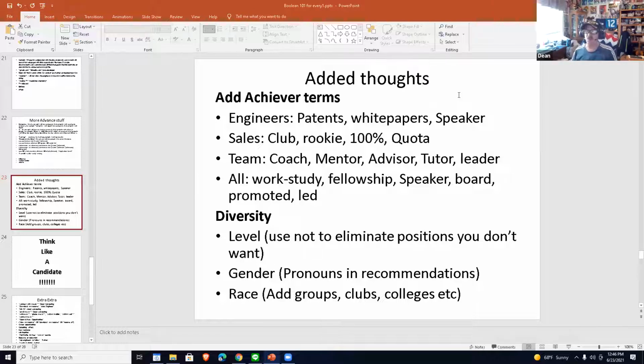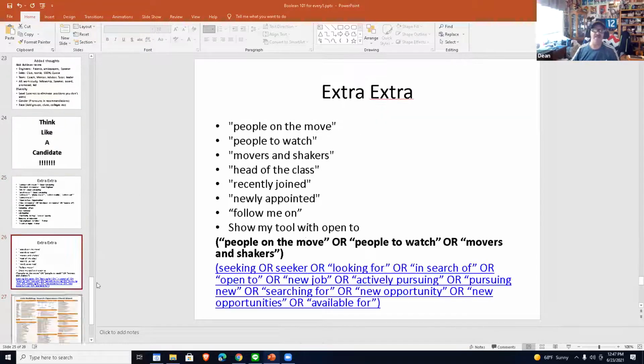Well, okay, what about manage? What about leader? What about coach? What about mentor? What about advisor? What about tutor? You don't know what word they're going to use. All those words are fairly interchangeable. Now, granted, the word tutor or advisor is probably going to get you more people from an educational institution, but not always. But coach, mentor, leader. Now, coach most likely is going to be more related to sales, but still, think like a candidate.